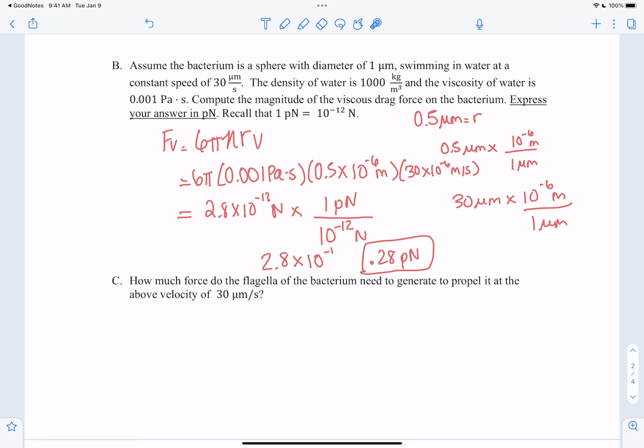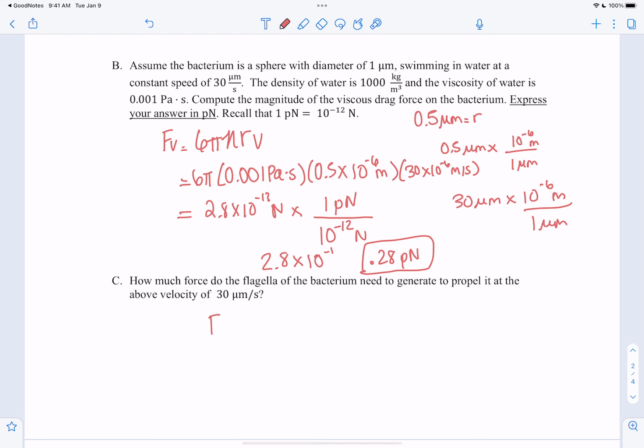And that F thrust force is equal to F drag when we have that terminal velocity, or when we have F drag equal to F thrust, or all the other forces along the x-axis. Our terminal velocity is our constant velocity, and our constant velocity here is that 30 micrometers per second.